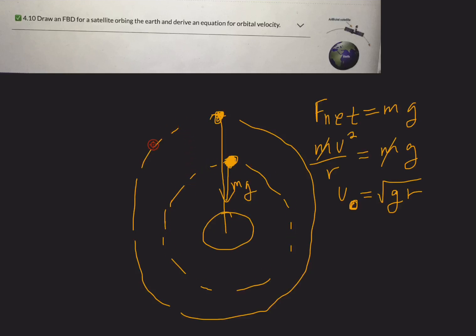They were actually going slower out here to maintain that orbit. Because if they go faster than that, they'll actually start going in a higher orbit, or eventually maybe escape the gravity altogether and spin off into space. So this equation is not as simple as just this. We need to actually put in an equation for gravity, because the r isn't the only thing changing. The gravity will change every time the r changes.